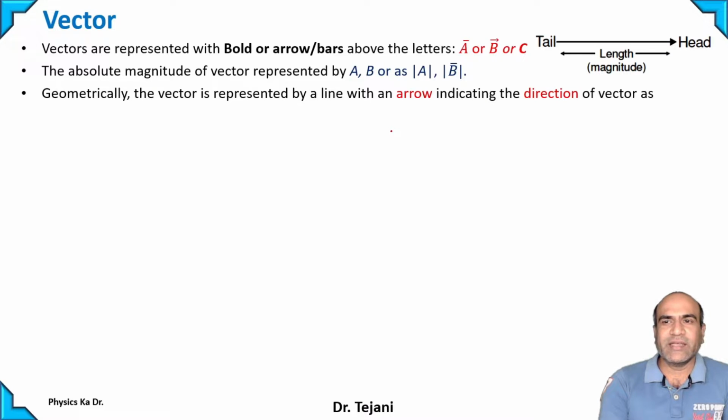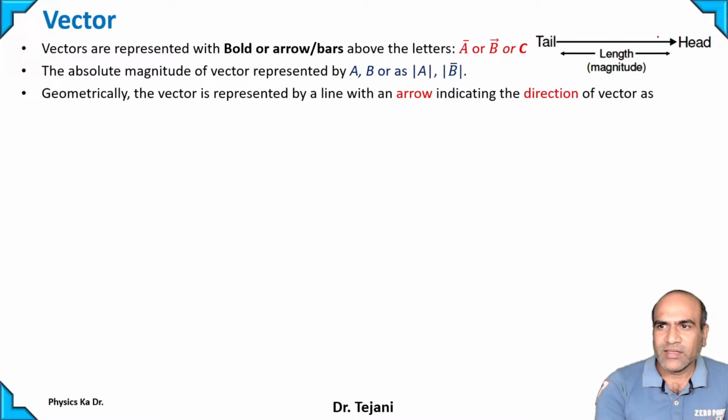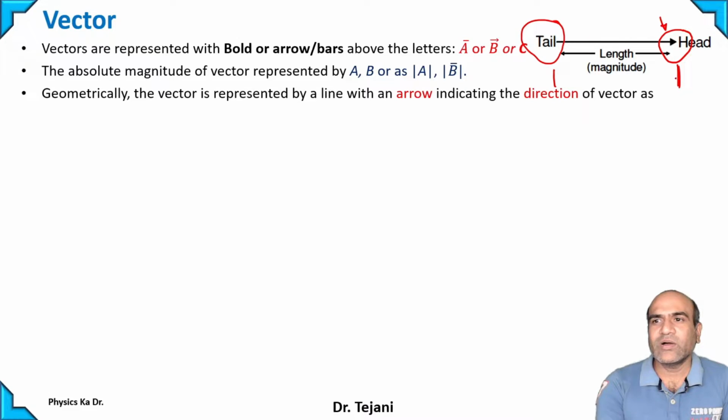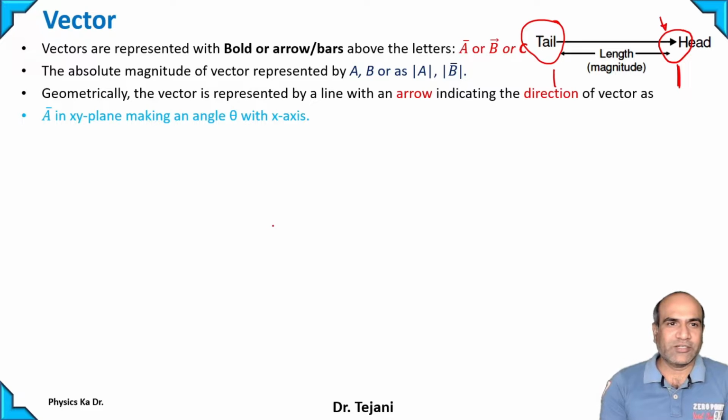The arrow indicates the direction of the vector. The arrow head is known as the head, and the other end is known as the tail. The length of this arrow shows the magnitude of the vector.